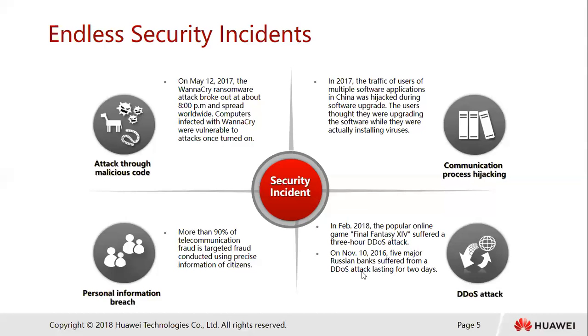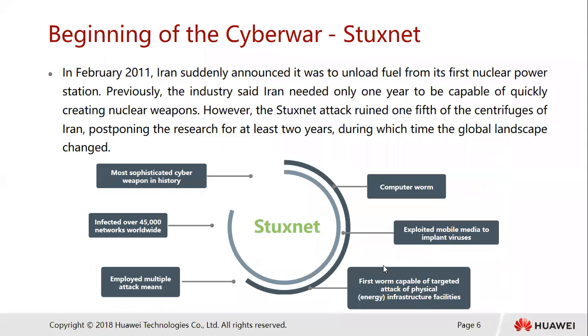And then in November 2016, 5 major banks in Russia suffered a DDoS lasting for 2 days. So you can see what it is here. We mean serious business. Therefore, the institutions must be protected at all costs. Now, imagine they suffered DDoS attack for 2 days. It means that these banks lost a large amount of money.